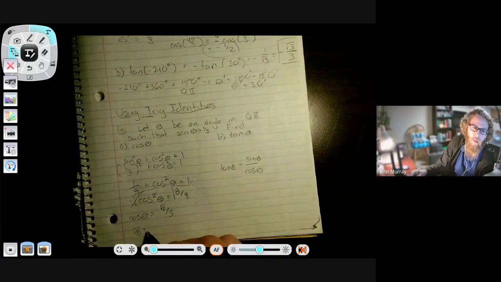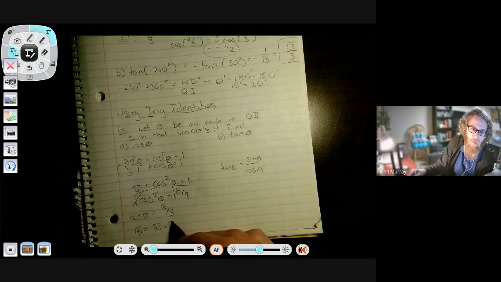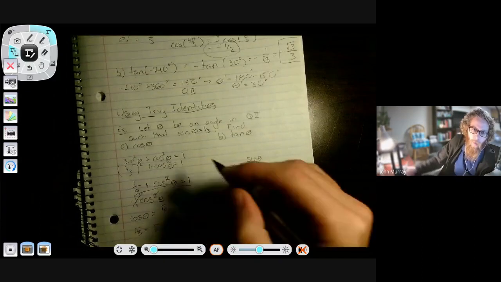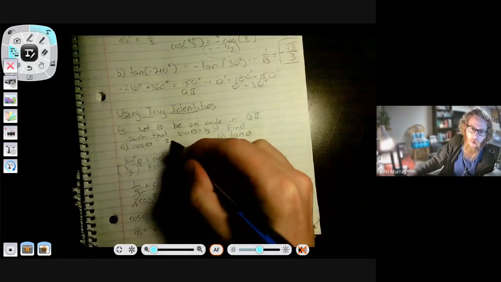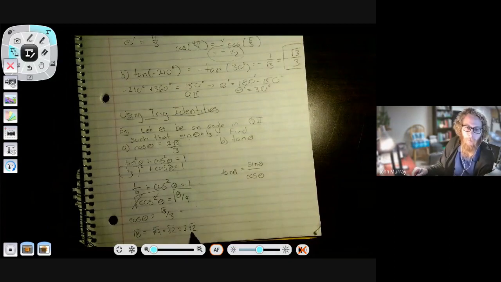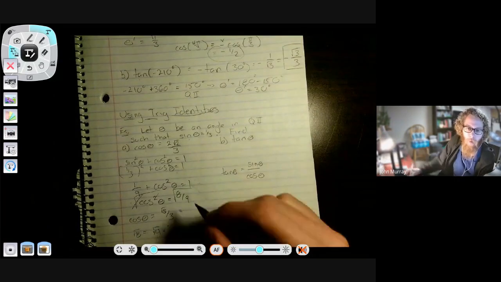So I know that the square root of 8 is the same thing as the square root of 4 times the square root of 2. The square root of 4 is 2. So my cosine, I can say, is 2 times root 2 over 3. Right, because we broke this up.